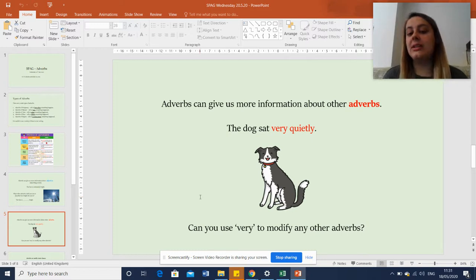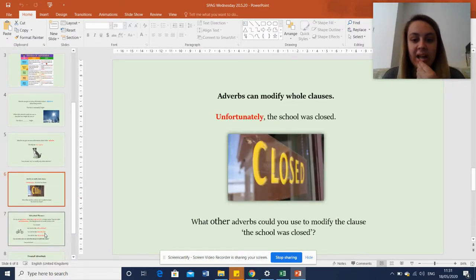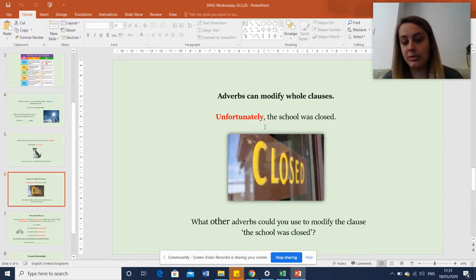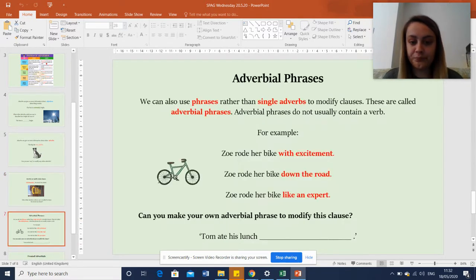You could say the cat pounced very carefully. And also they can modify whole clauses. So instead of the school was closed, you could have unfortunately the school was closed. Luckily the school was closed. Maybe we could think of some other adverbs to modify the clause as well.